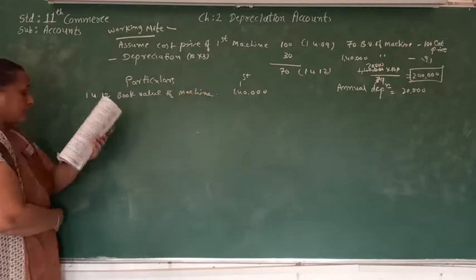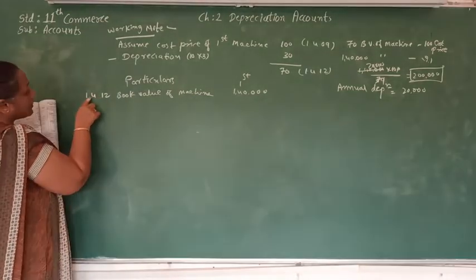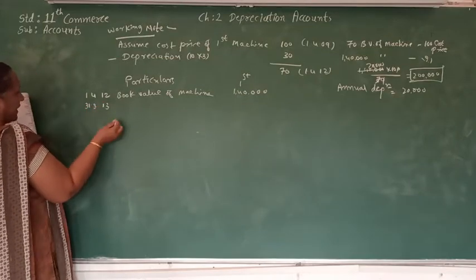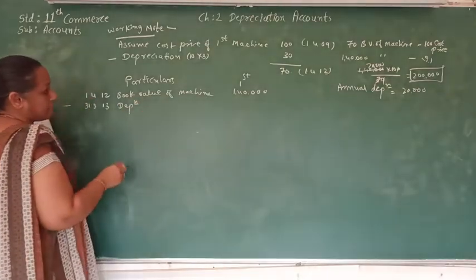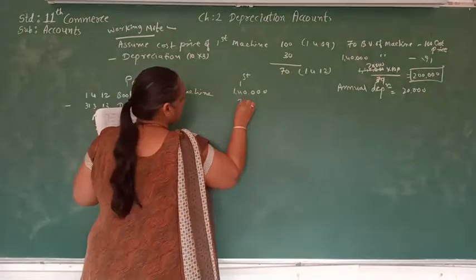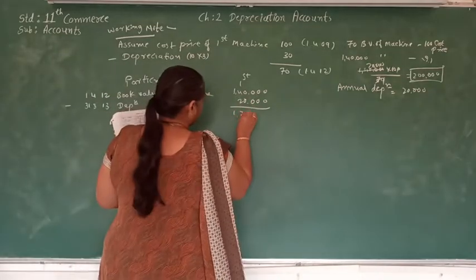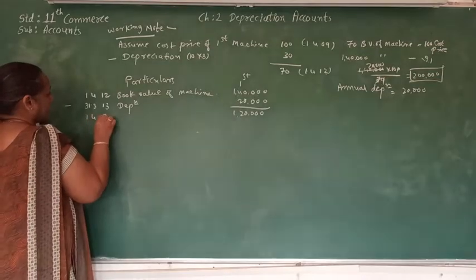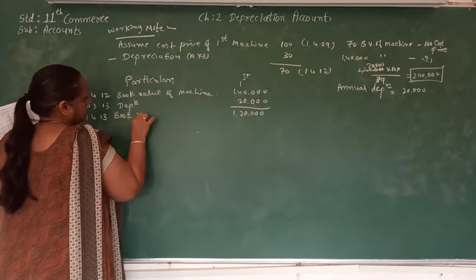Now we have to calculate depreciation. As we know, from 1/4/12 the accounting year will end on 31/3/13, and on that day we have to provide for depreciation, and the depreciation on 2 lakh is 20,000. So we deduct the 20,000 for the first year. After that the book value will be 1,20,000 on 1/4/13, book value of the first machine.